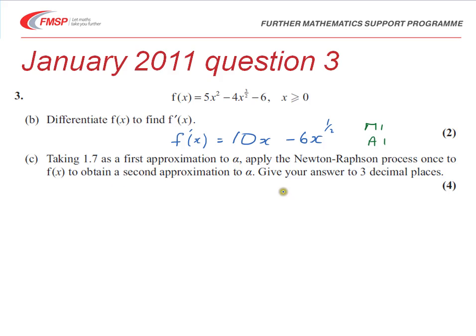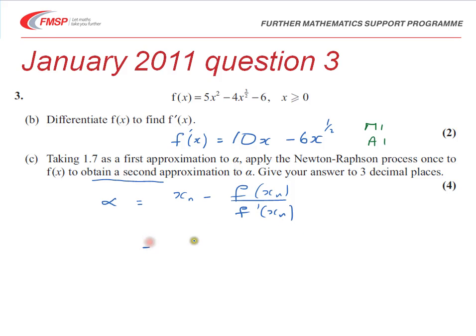We want to find a value of alpha. We've got to just do it once, a second approximation, implying that we've got to use Newton-Raphson once. So alpha is going to be equal to xn minus f of xn divided by f dashed of xn. Remember, you can look that up in your tables.